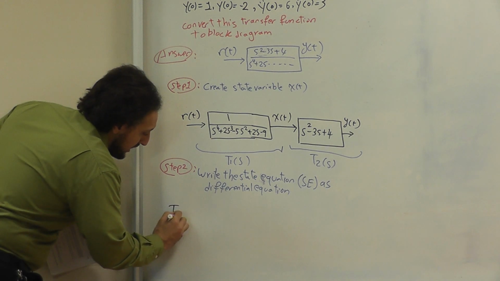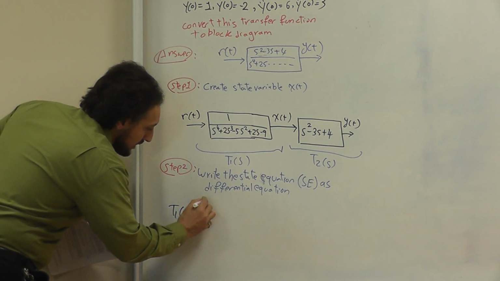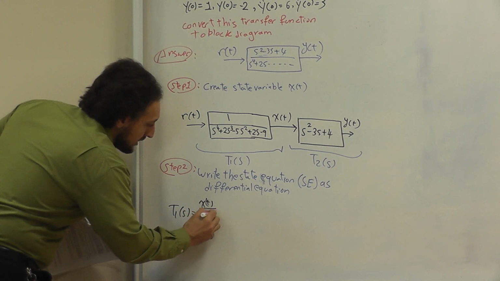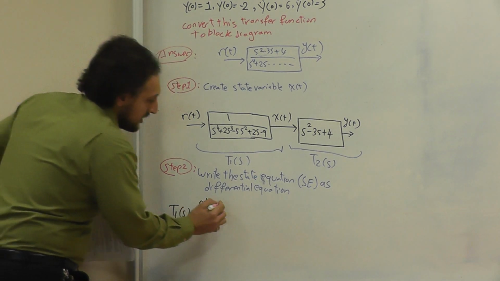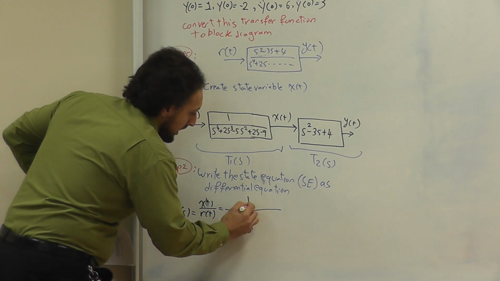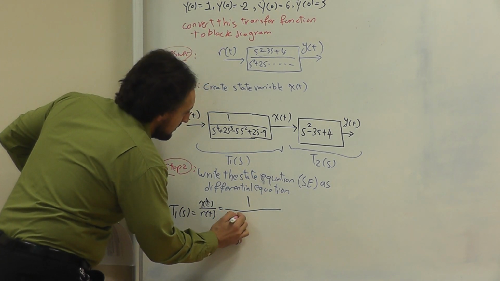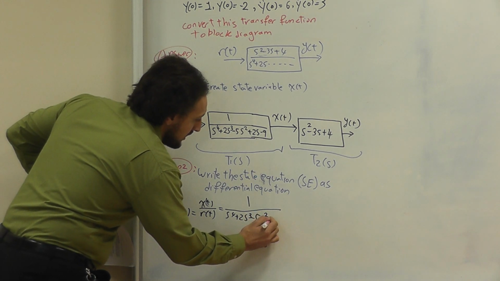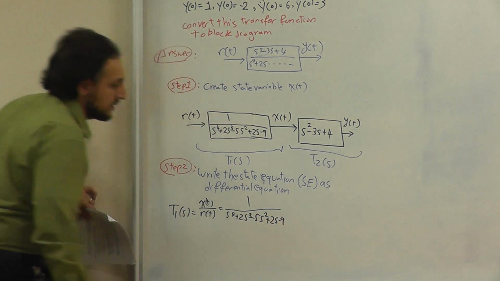So, T1s equal to xt over RT and equal to what? 1 over s4 plus 2s3 minus 5s squared plus 2s minus 9.